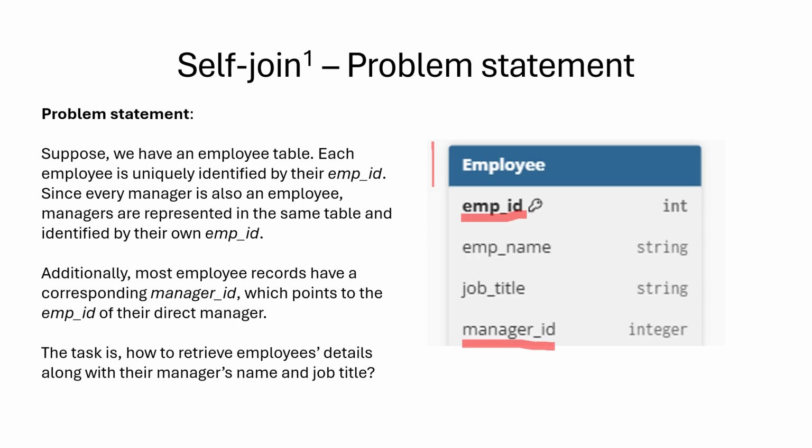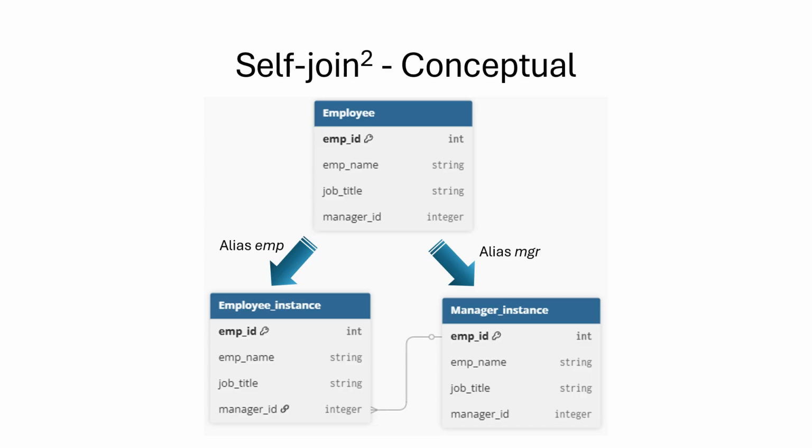Next, let us try to have a conceptual understanding of the self-join before we look into the example code on self-join. In simple terms, a self-join is a join where a table is joined to itself. What it means is, while writing a PySpark query, you make two logical copies from the same employee table: logical copy 1, logical copy 2.